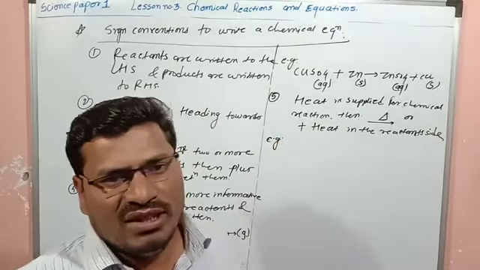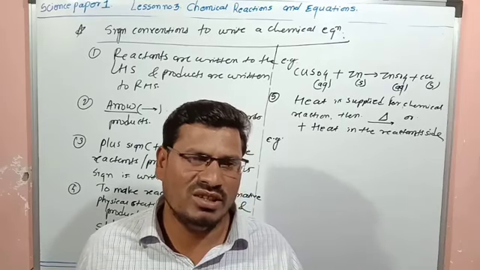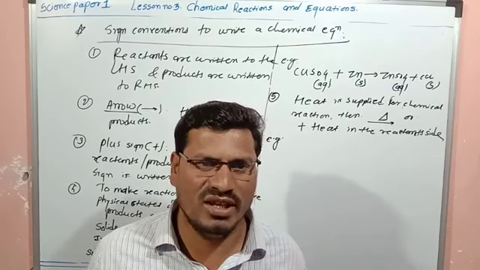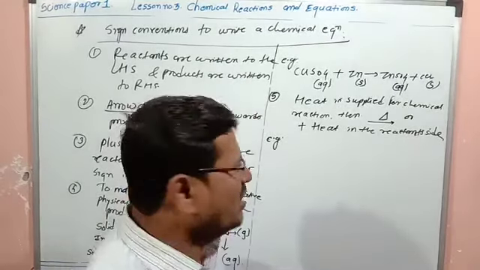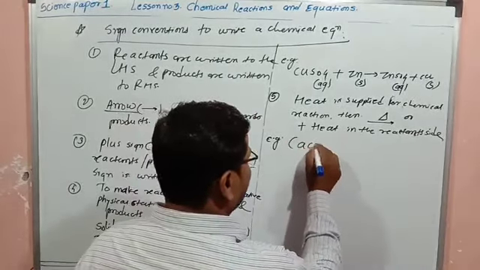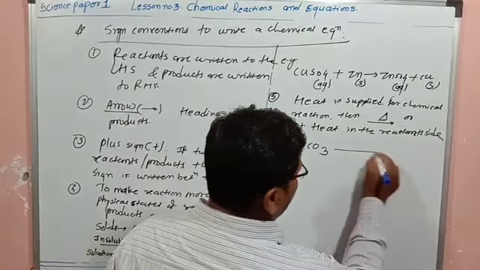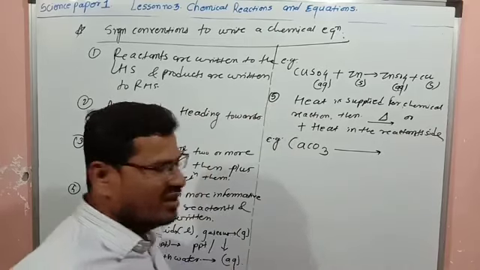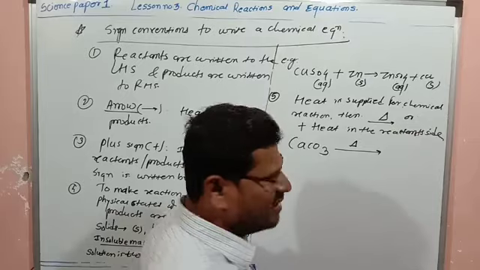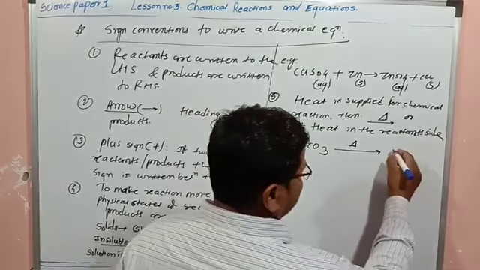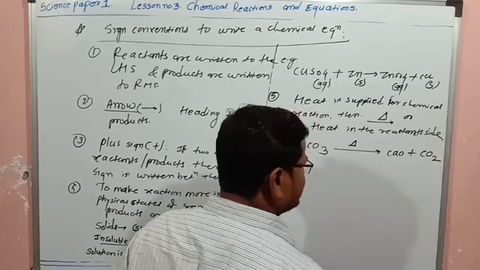Let's take an example. One activity we have studied: if you take calcium carbonate powder, CaCO3, and heat it, supplying heat, the products will be CaO plus CO2.